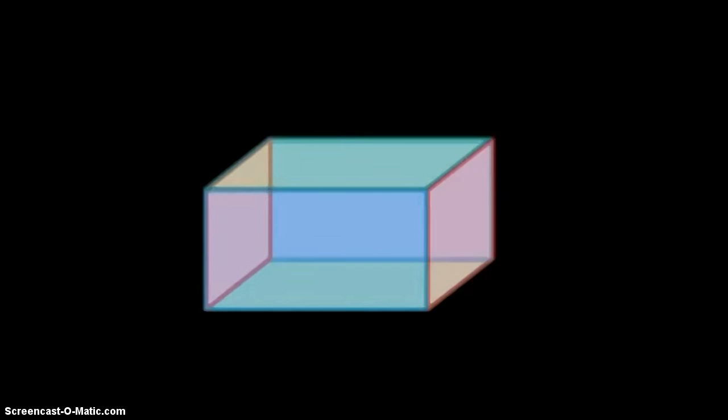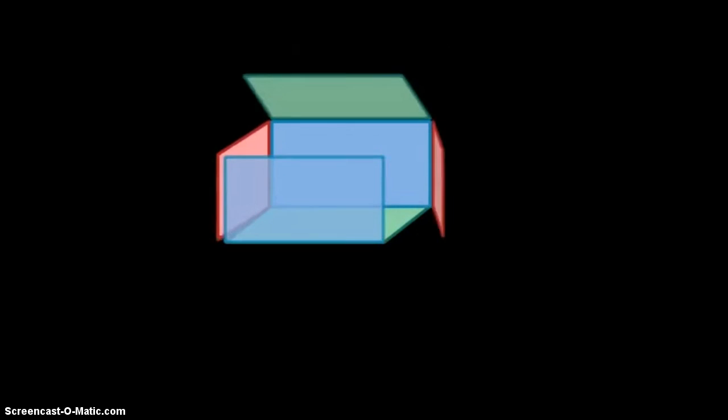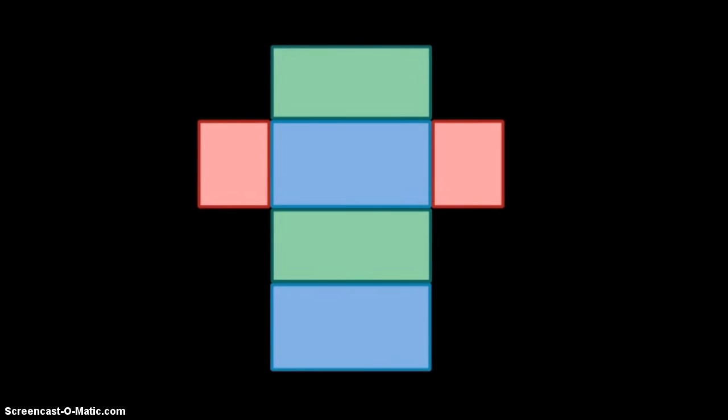And I want you to watch what happens, and specifically watch the bases as we unfold the figure to its net. All right, so if you take a look at the base, this is the base right here.